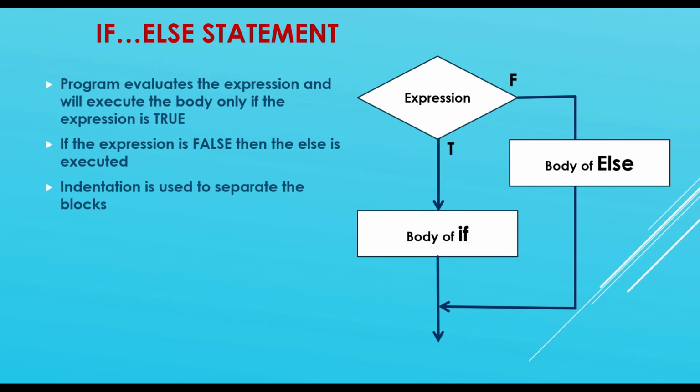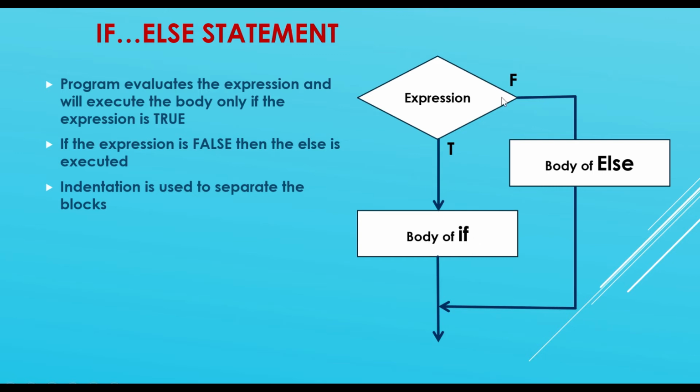Now let's move to the if else statement. The program evaluates the expression and will execute the body only if the expression is true. If the expression is false, then the else is executed. Indentation is used to separate the blocks. So what does this mean? If the cab is available, then I'll go to the shopping mall.